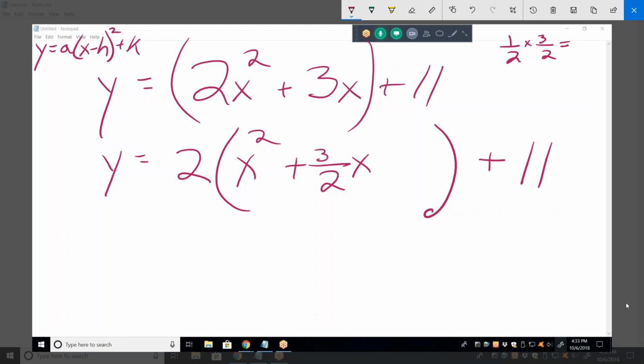Multiply those two fractions, just multiply them across. So 3/4. Okay, now square that. 9 over 16.